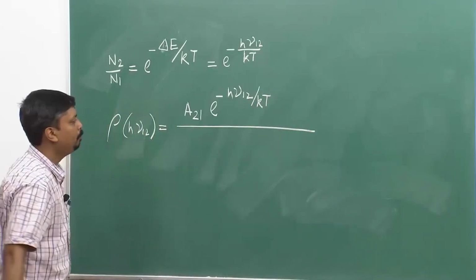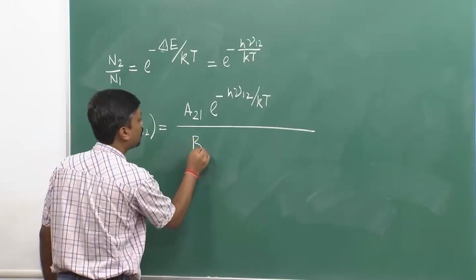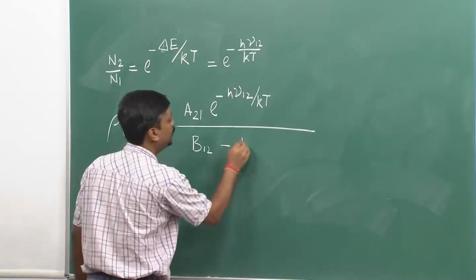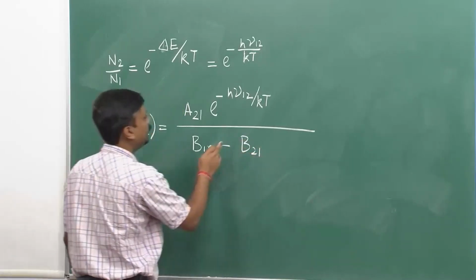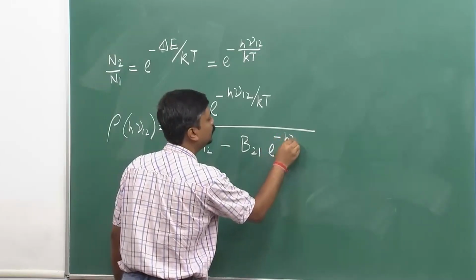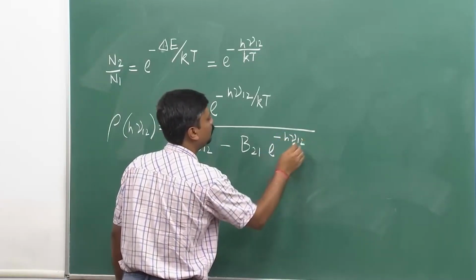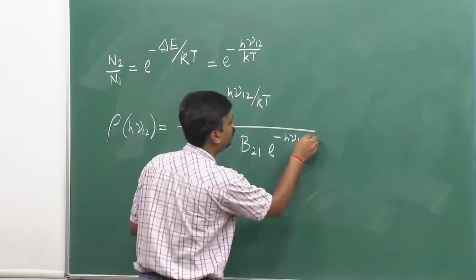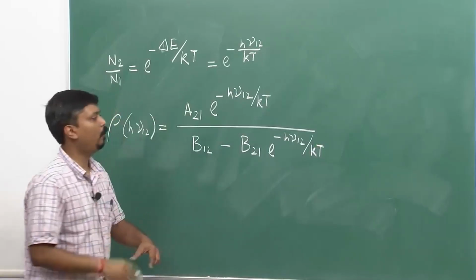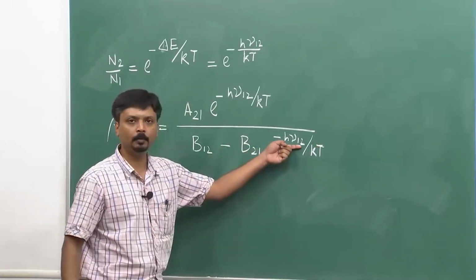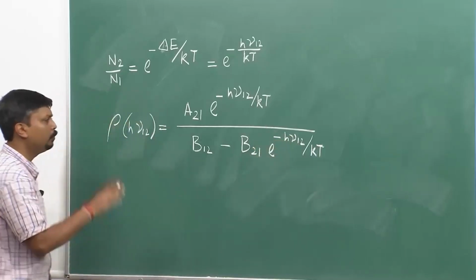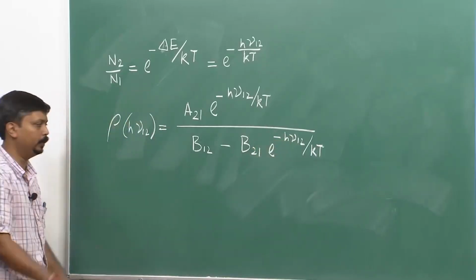I have B12 minus B21 and again multiplied by N2 by N1, which gives me e to the power minus h nu 12 by kT. I can omit using this subscript 12 henceforth, and I can just write h nu. We will know what nu it is actually, right.